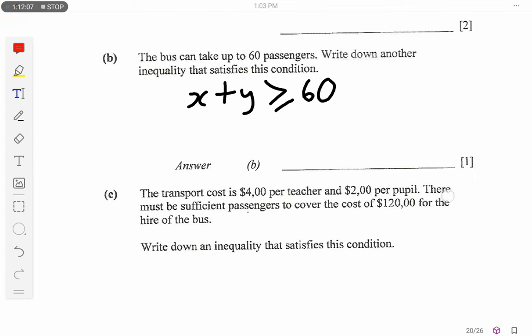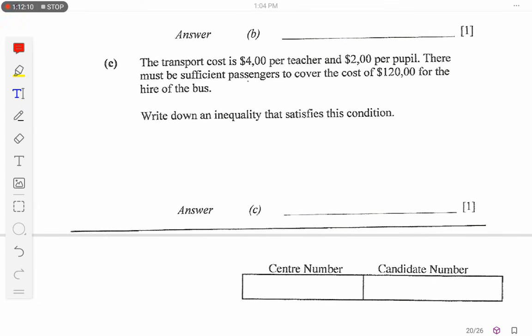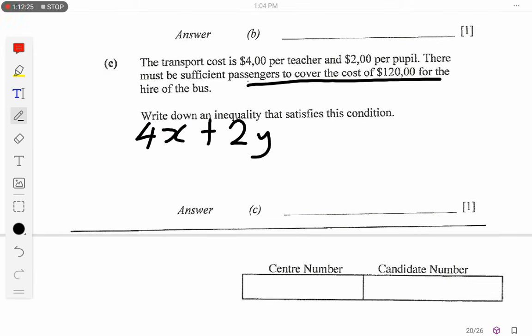We are done. Then the last part is talking about the cost. For teachers, it's $4 per person. For pupils, it's $2. The total cost that should be covered by the transport is $120. So we can say 4 times x, which is the teachers, plus the students, 2 times y, should be greater or equal to 120, because we cannot have less money.